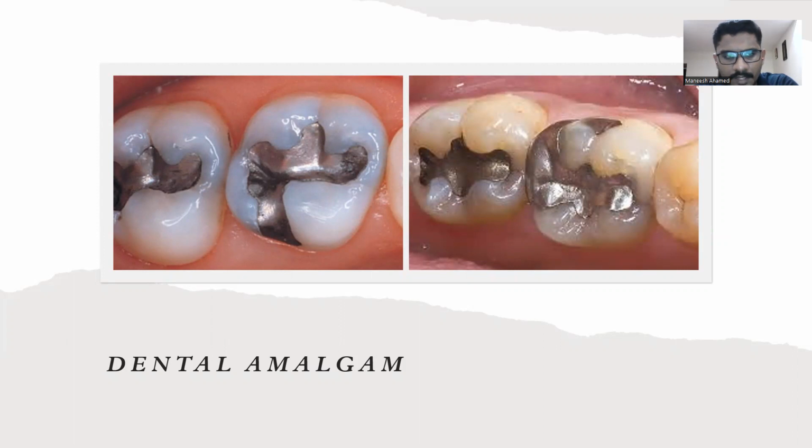From that period onwards, the material was very popular and it is still used now, but slowly, due to many reasons, the use of dental amalgam is greatly reduced nowadays. But it's still an important and very popular material. So dental amalgam is the first material which we are going to discuss in this area, that is, the materials used to restore the tooth.